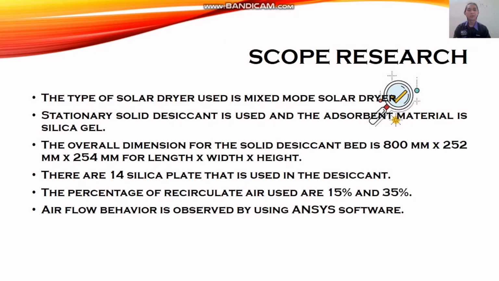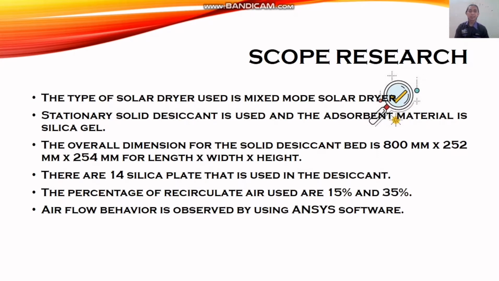The scope of the research is that the project uses a mixed mode solar dryer, and a stationary solid desiccant is used, and the absorbent material is silica gel. The overall dimension for the solid desiccant bed is 800 millimeter times 252 millimeter in width and 254 millimeter in height.